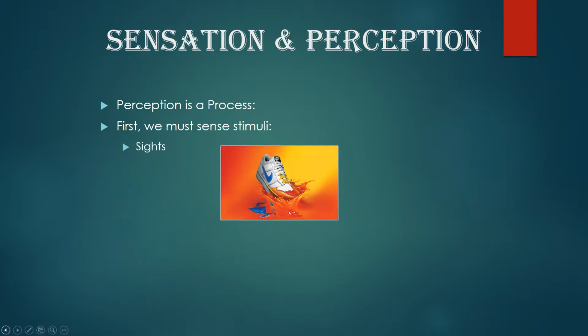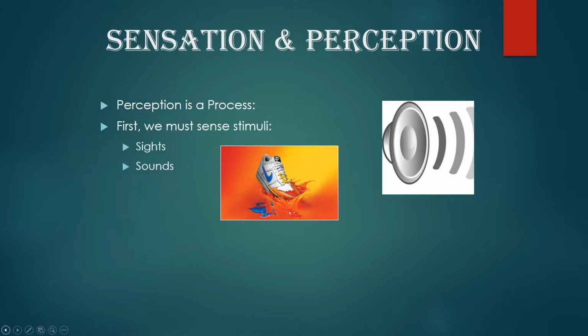Sights. You know, we see color, we see things that contrast, they catch our eye. Sounds, we'll talk about some of the different types of sounds, from what your cell phone makes to how ads are designed and how companies try to get you to pay attention through what you hear.